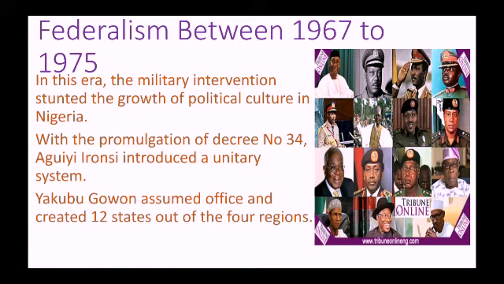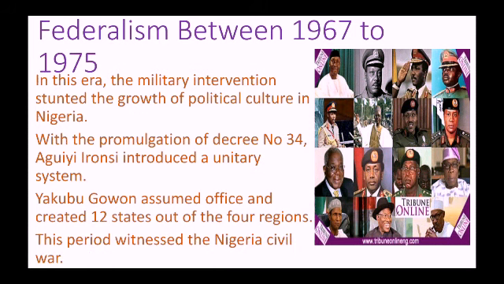Apart from the 12 states, the period between 1967 to 1975 witnessed the Nigerian Civil War, where the eastern part, known as the Republic of Biafra, made an attempt to secede from the Nigerian state.